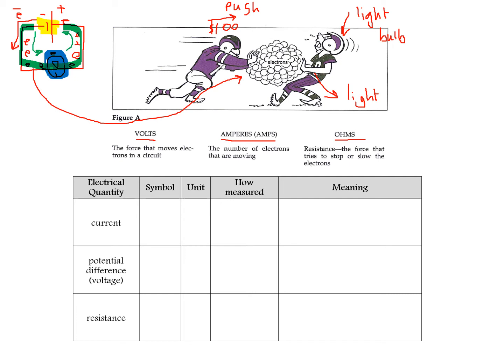So here's the symbol of current. The symbol is I. The unit is A, or amps. Now, how do I measure it? I will use something called an ammeter.